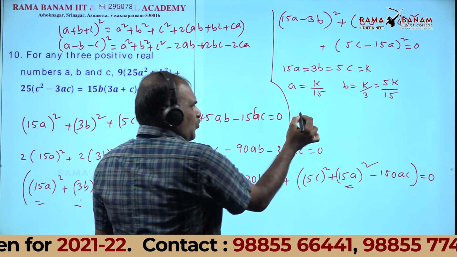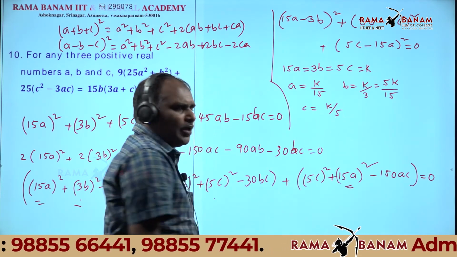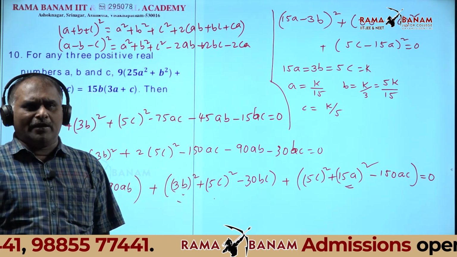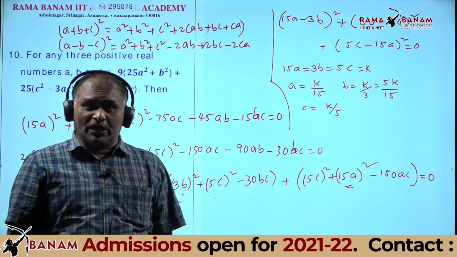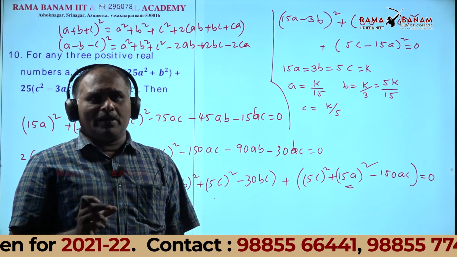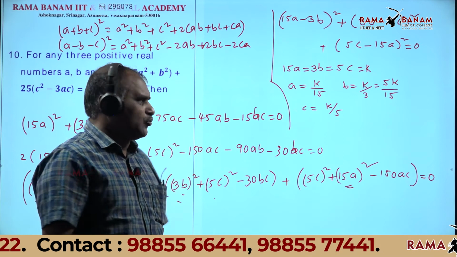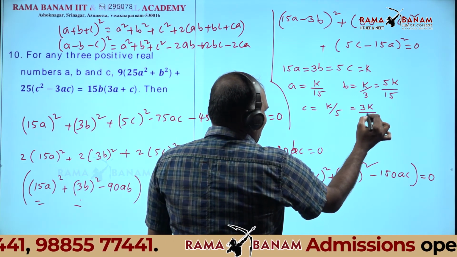Here observe, what is C? C is equal to k by 5. I want the denominator converted to 15. What number can be multiplied into 3? That is equal to 3k by 15.